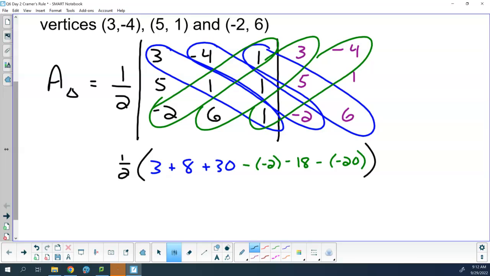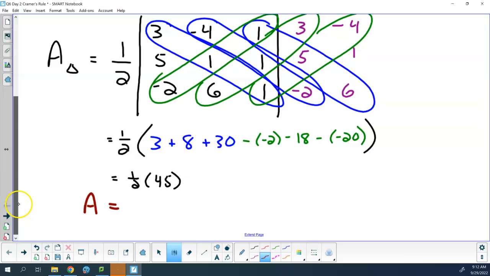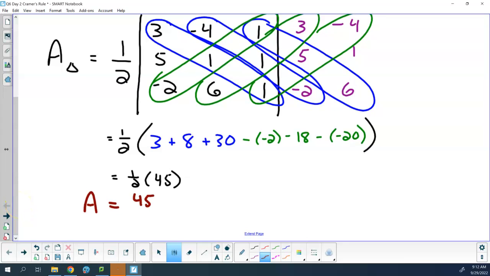Plus 20 is 45. Okay? So we got 45 in there. So we got 1/2 times 45. So the area of my triangle is 45 halves square units, or because it's a half, I would accept here 22.5 square units. Yes? Love it.